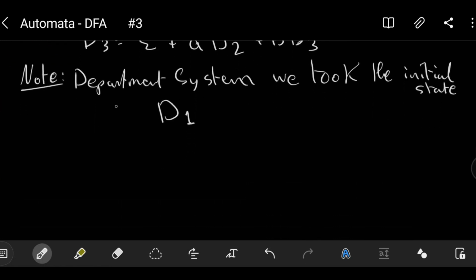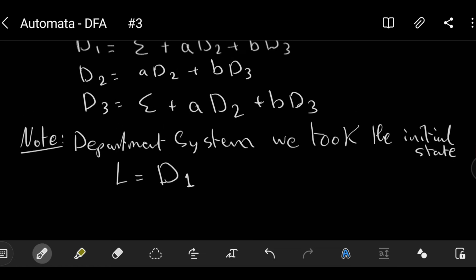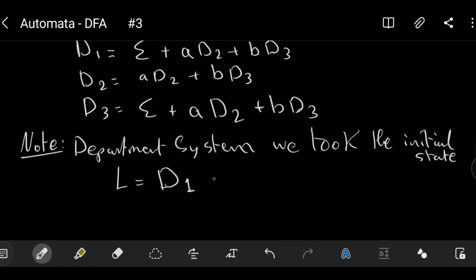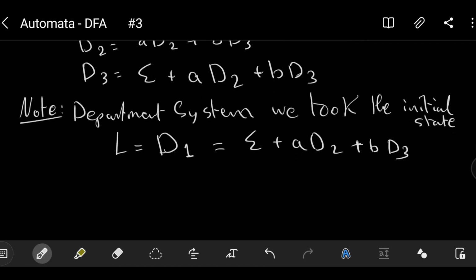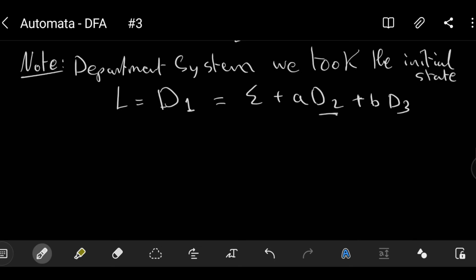Here, the question is to find L of 1. So I need to get the system of derivatives, and its language is equal to D1. Let me copy D1. D1 is epsilon plus A D2 plus B D3. Okay? We need to get rid of D3 and D2.